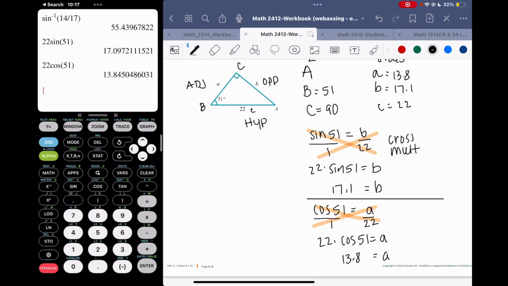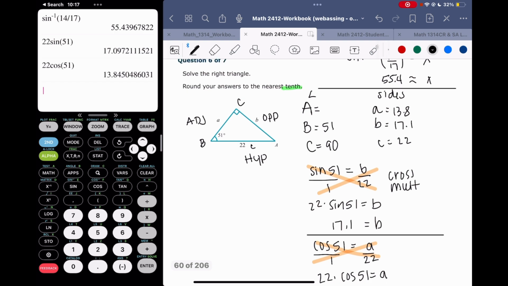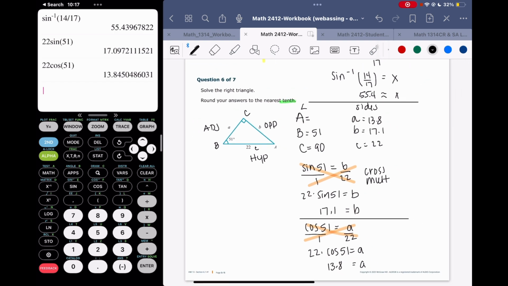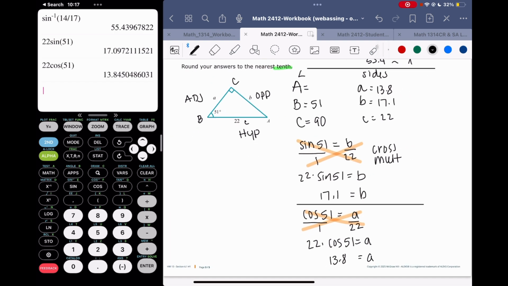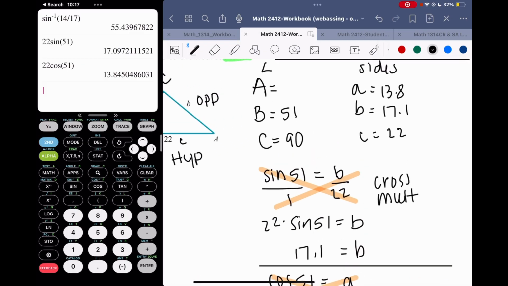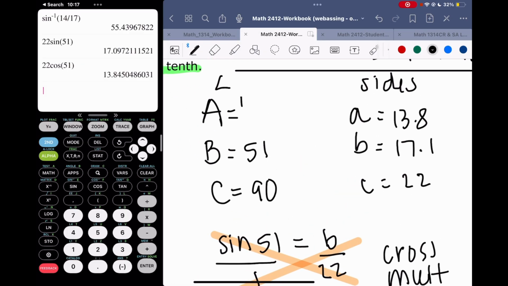And then we need to find big A, which is the angle. Now, we know that every triangle is equal to 180 degrees. So to find big A, or angle A, we're going to say 180 minus 51 minus 90.